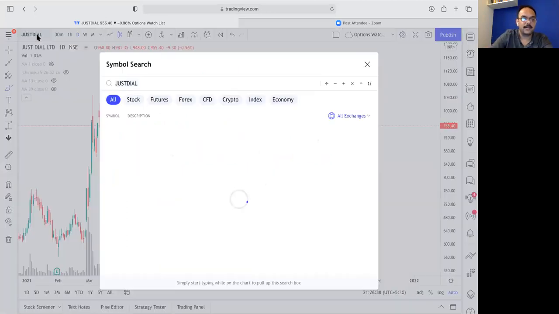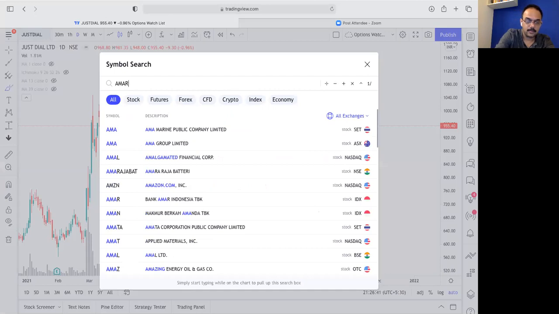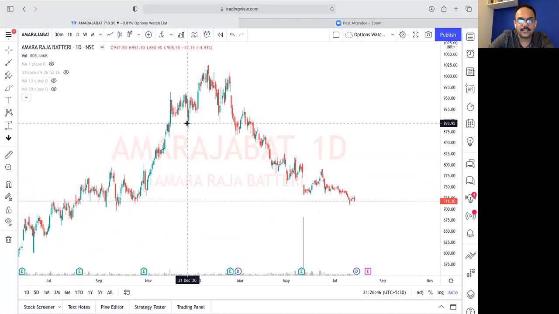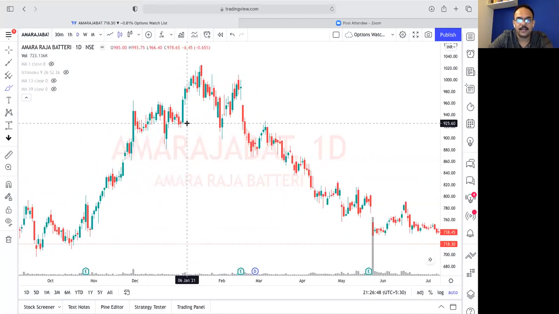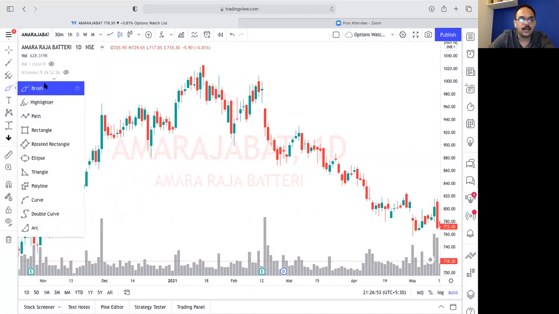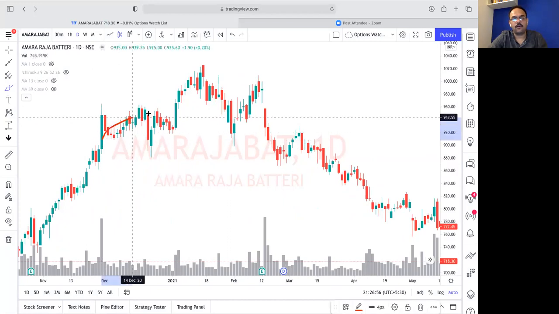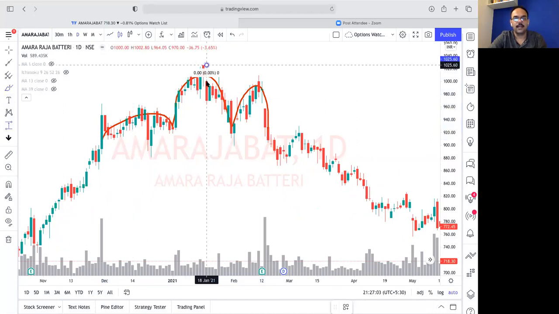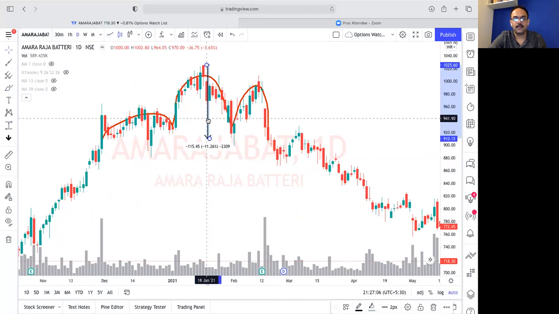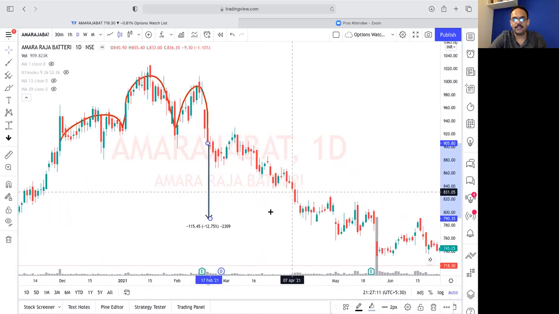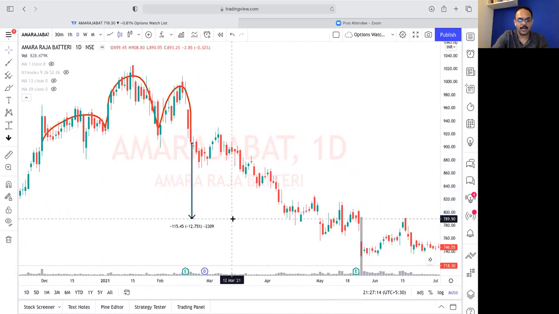Okay, Amar Raja Battery I had written. So Amar Raja Battery. See, this is the Amar Raja Battery chart, and you have a head forming, a shoulder forming, and if you see head to the neckline, and when it broke down, you measure it here, and you can see it went down till there and below.